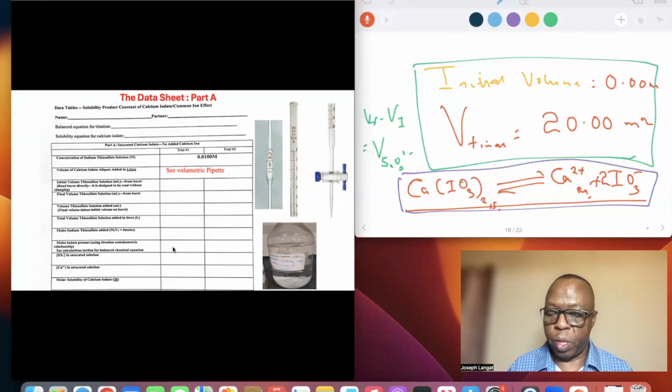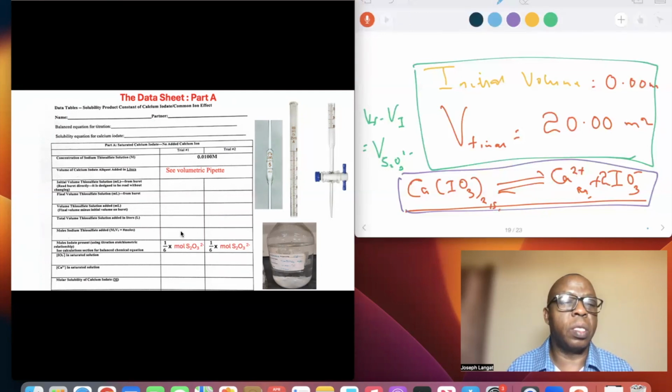Then from the titration equation, 1 to 6, you can find the number of moles of iodide present. Moles of iodide present is 1/6 moles of thiosulfate you get from above here.